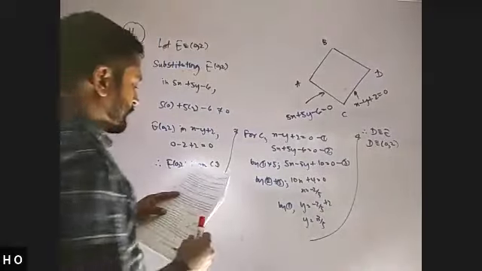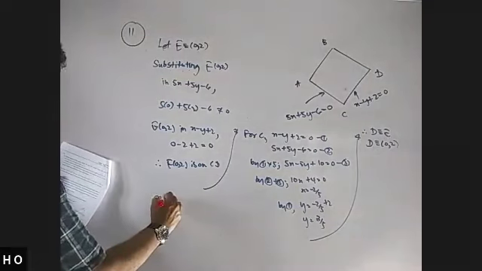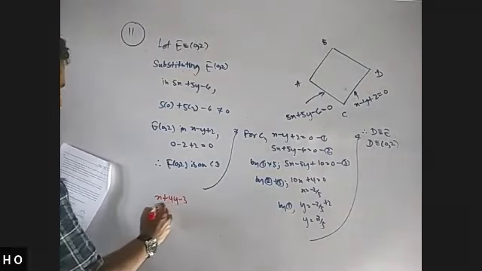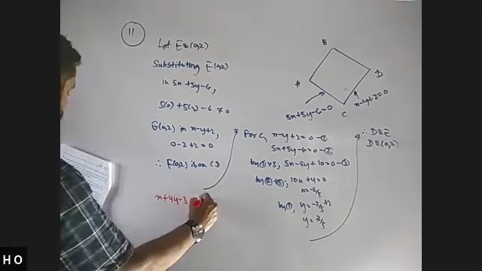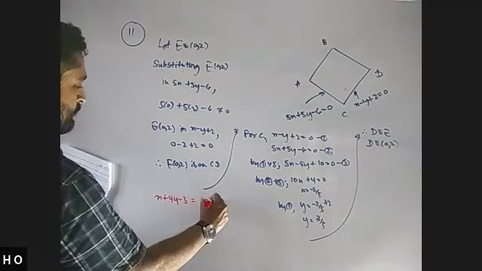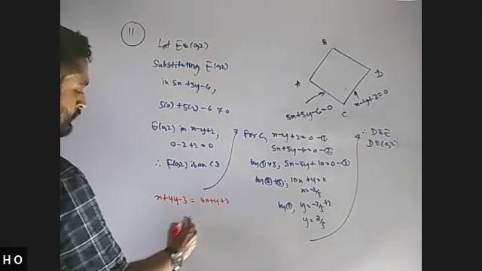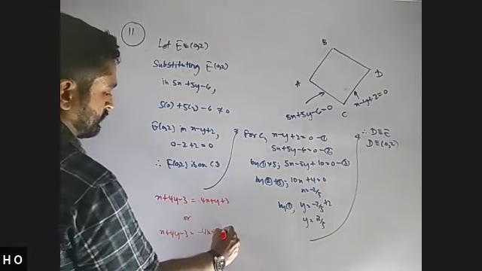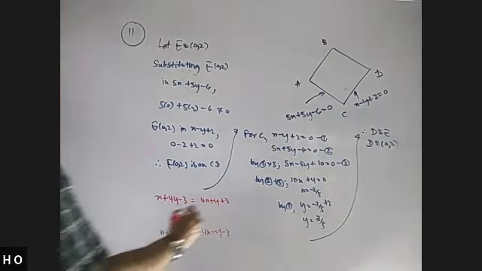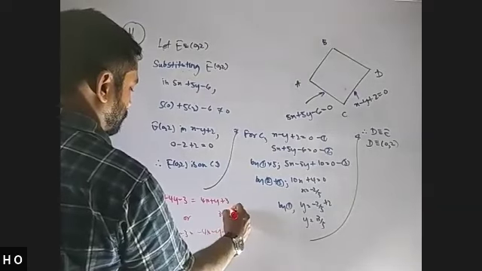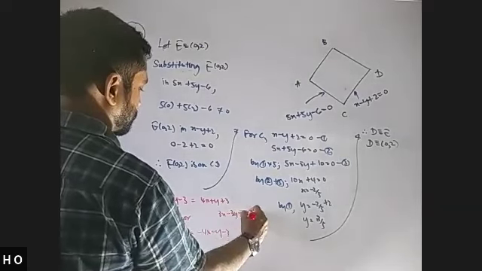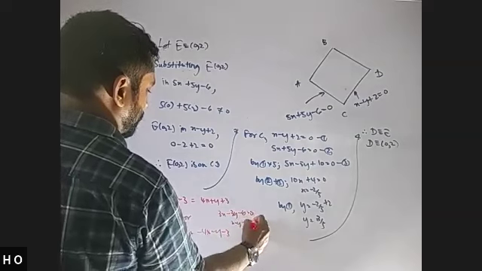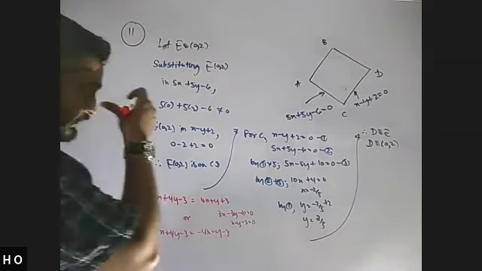So what we had: x + 4y - 3 = 4x + y + 3, or x + 4y - 3 = -4x - y - 3. Here 3x - 3y - 6 = 0, x - y - 2 = 0. That is okay.